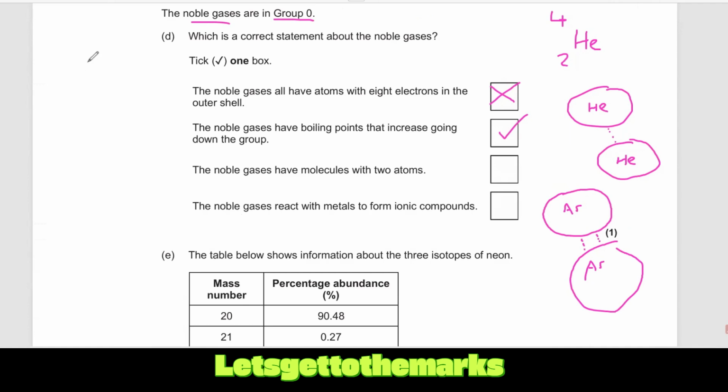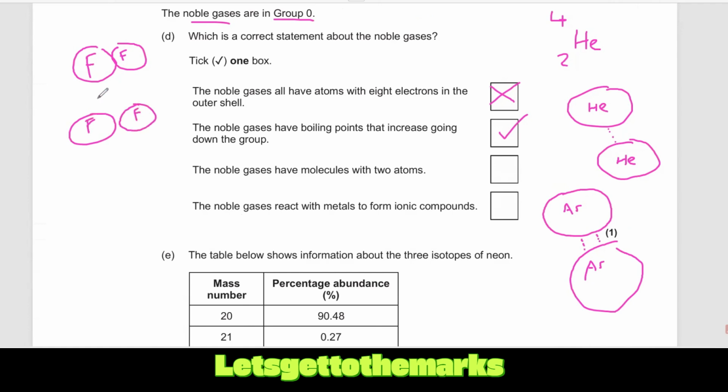Now, this happens to all non-metals. So let's say I was looking at group 6, or group 5, or group 7. Group 7 are the halogens. If we looked at fluorine, fluorine is diatomic. Remember, it comes as 2s. You need to know this as well. This is in group 7.